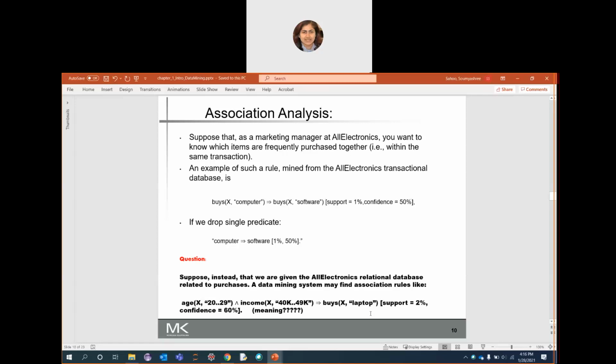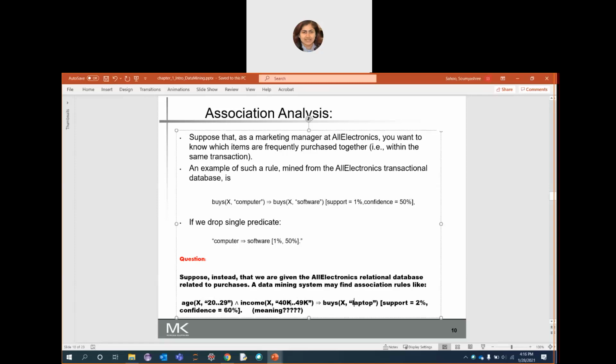And there is a 60% probability that a customer within the age range of 20 to 29 and the income group of 40K to 49K will likely purchase a laptop. This is the purchased product, laptop. This is what it means, correct?